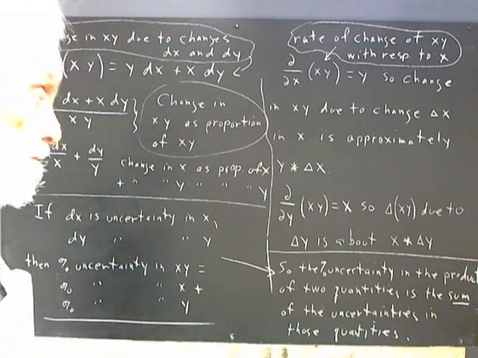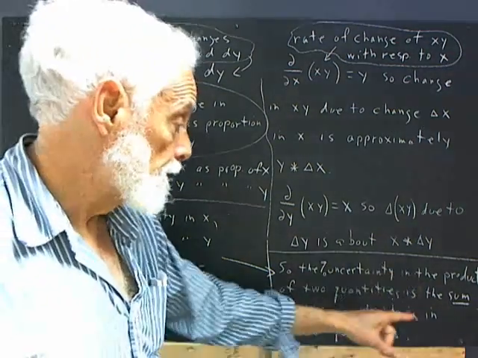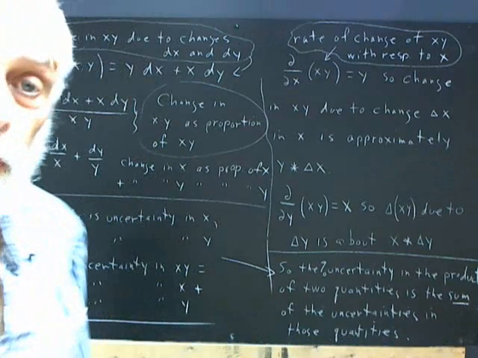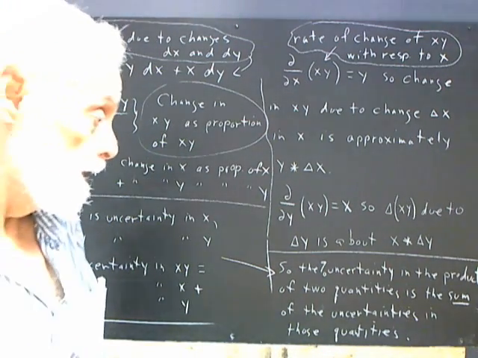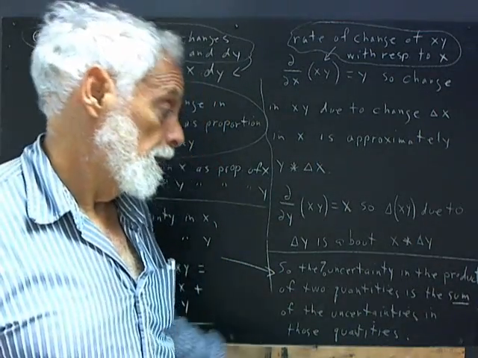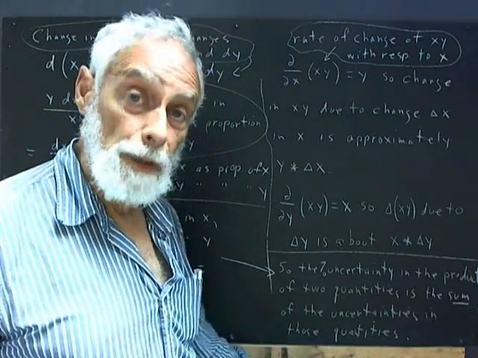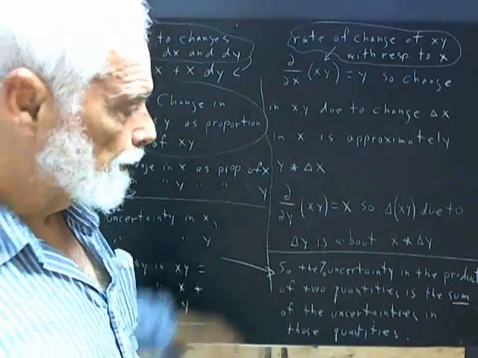What does this mean? Well, this means that the percent uncertainty in the product of two quantities is the sum of the uncertainties in those quantities. Now, that's a rule you're given in the first chapter of your text. And I actually don't remember how deeply the text goes into explaining that rule.